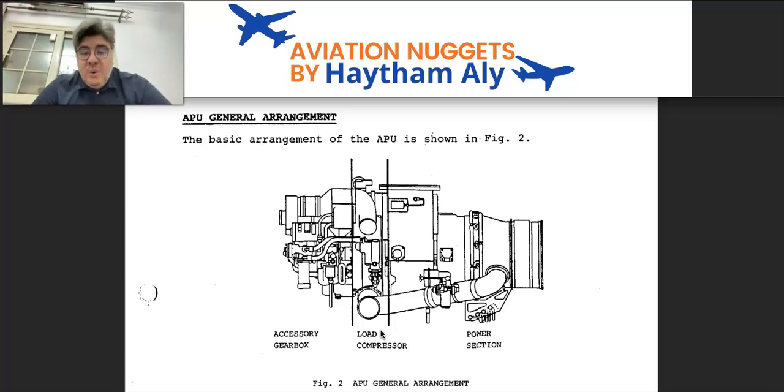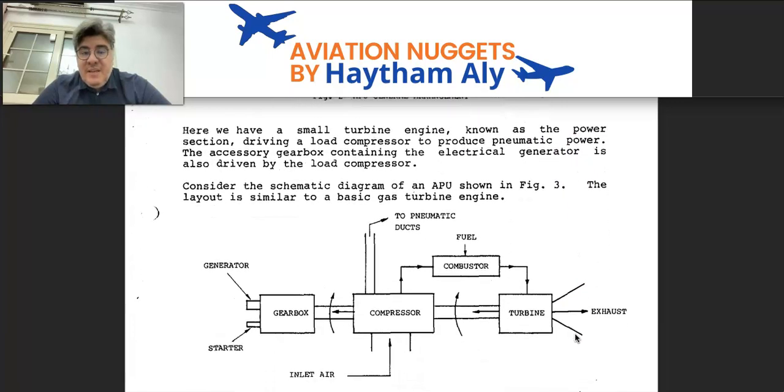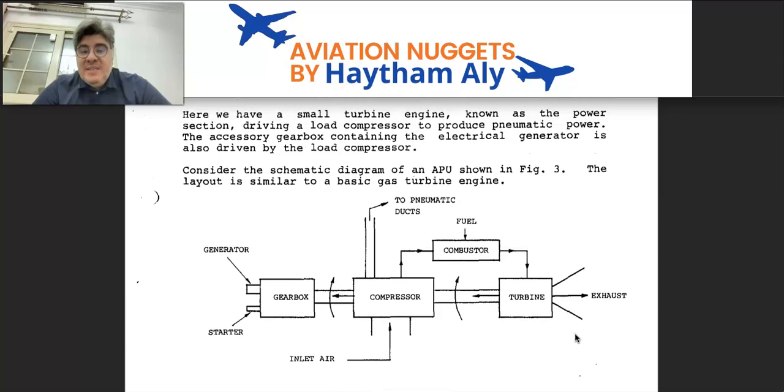As you can see here, the APU is a small gas turbine engine, providing mechanical shaft power to rotate the load compressor and gearbox.